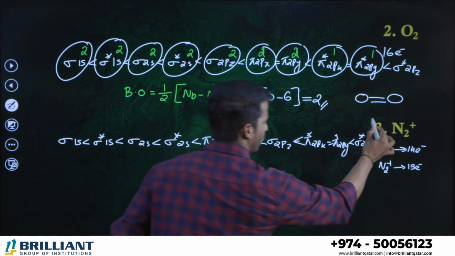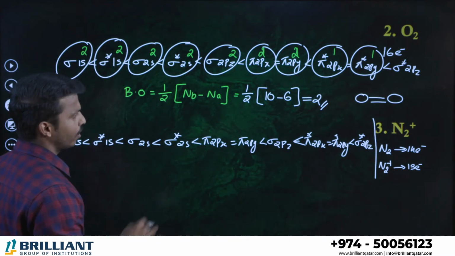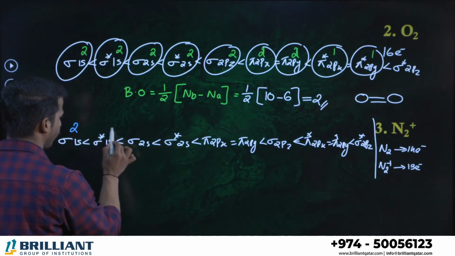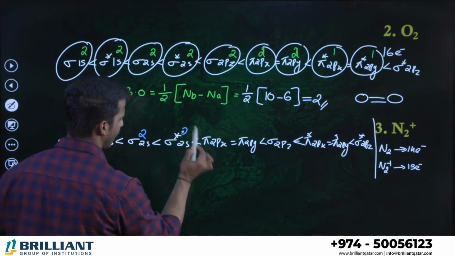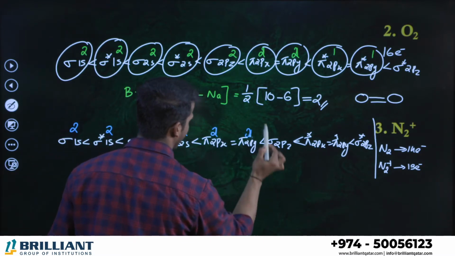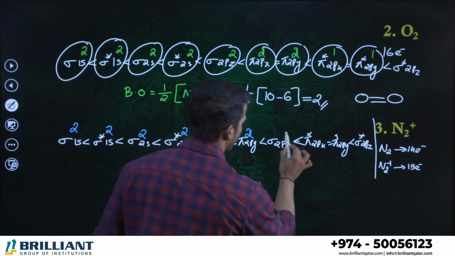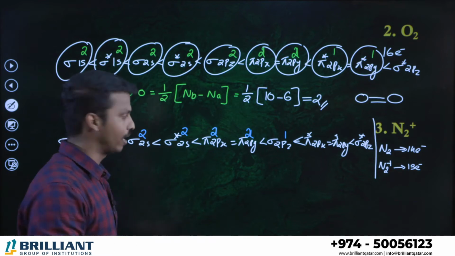Alright, so we can arrange the 13 electrons. 2, 4, 6, 8, 9, 10, 11, 12, 13. Okay, filling of electrons is over.